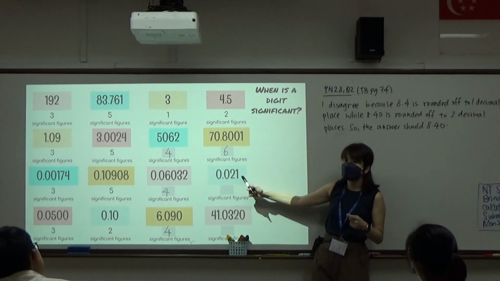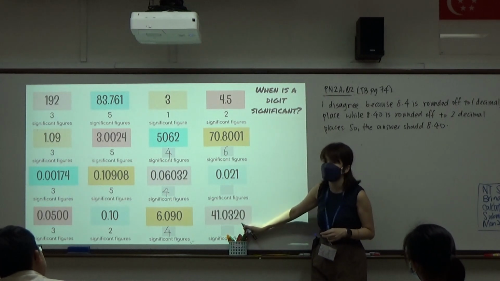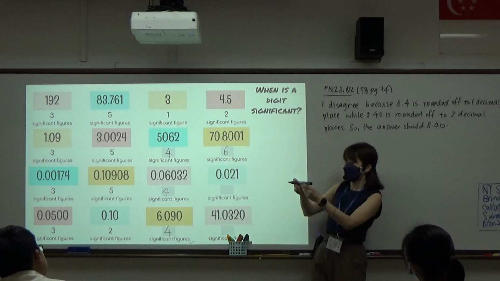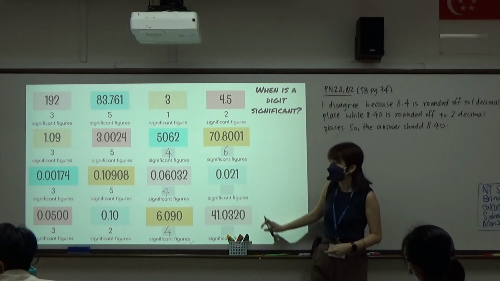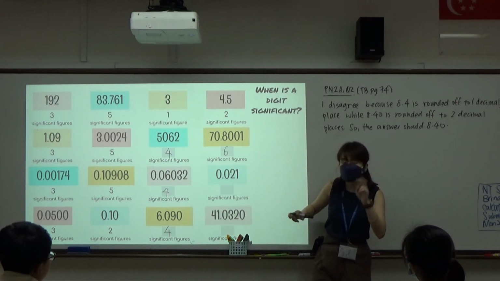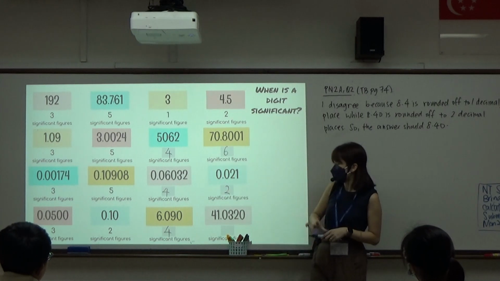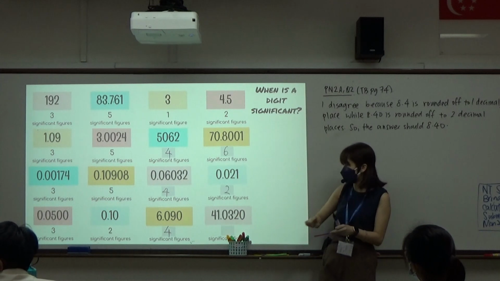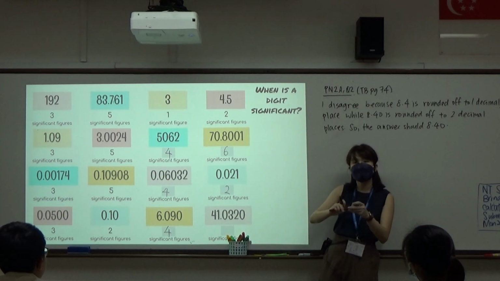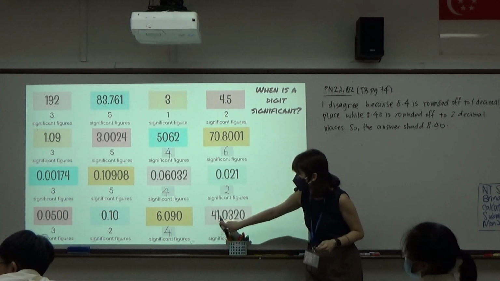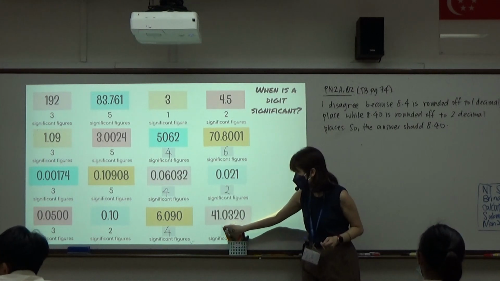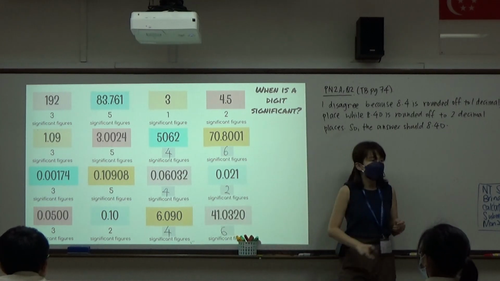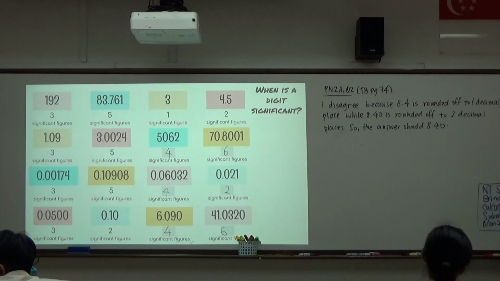Then 0.021. How many significant figures? Faith. 2. Yes. And then finally, 41.0320. How many significant figures are there? Kaylin? 6. 1, 2, 3, 4, 5, 6. Alright.